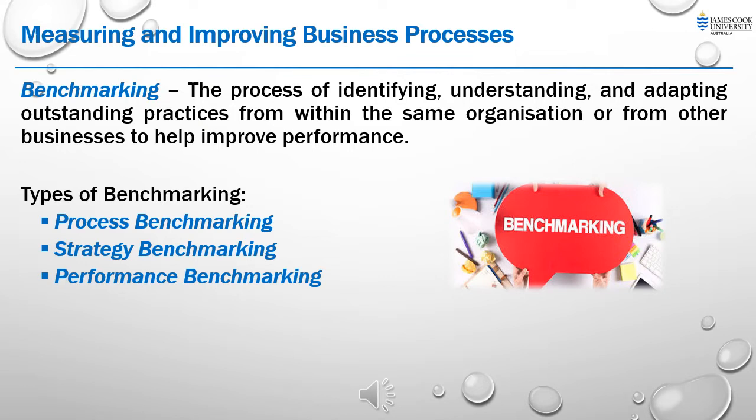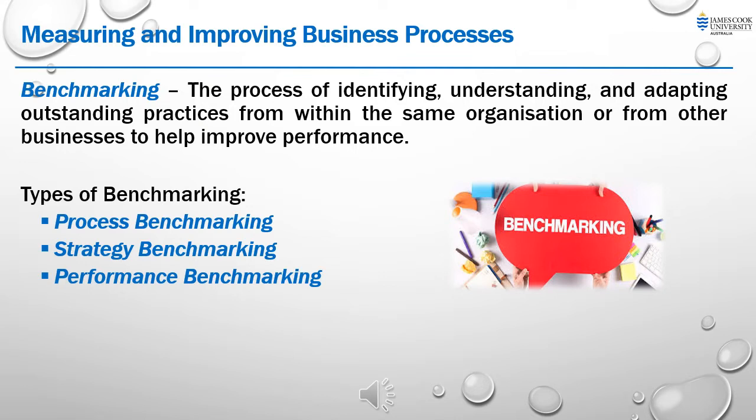The second one is strategy benchmarking. This type of benchmarking involves comparing the organization's strategic goals and objectives to those of other organizations in the same industry. This can help identify opportunities to improve the organization's competitive position, market share, and profitability. And the last one is performance benchmarking.